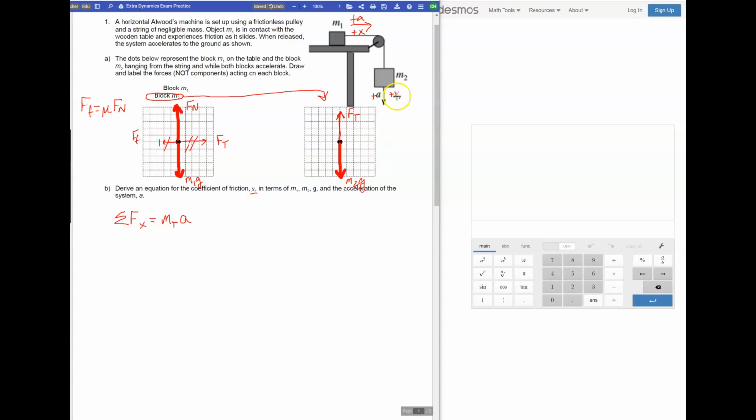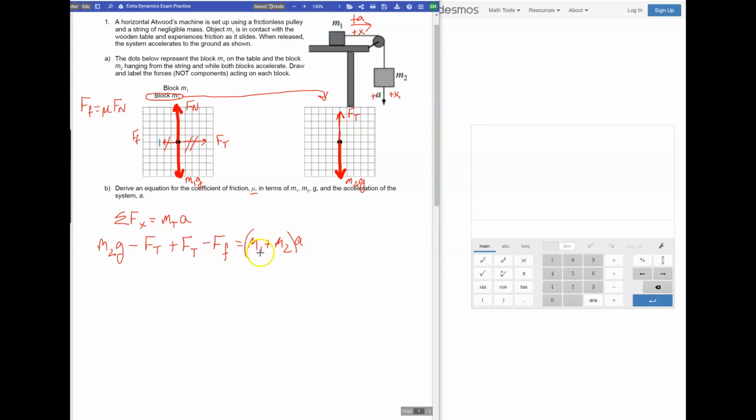This is in the positive direction, so notice pointing down is positive, so this is M2g minus F_T, plus, and then remember we go left and right with this one, plus F_T minus the force of friction, and that is equal to M1 plus M2 all times the acceleration.